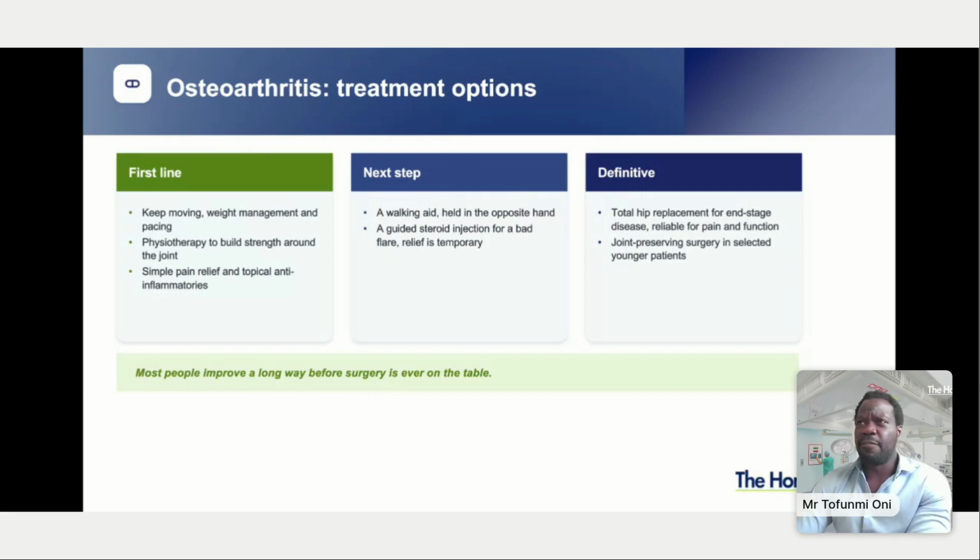Then the next step on from that is things like walking aids and an injection, which usually provides temporary relief, and is more of an adjunct to physiotherapy rather than an actual treatment. And then the definitive treatment is replacement surgery, like a total hip replacement.